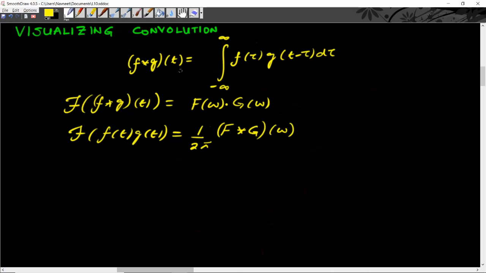So the convolution operation is used in numerous ways in experimental science, and we'll discuss the applications of convolution as we proceed in this series of lectures.